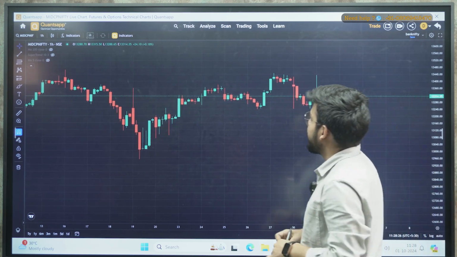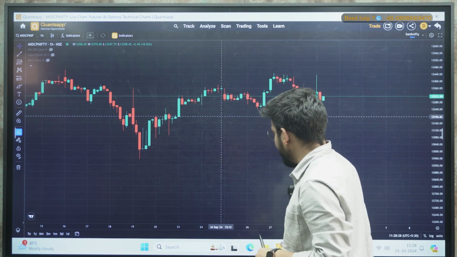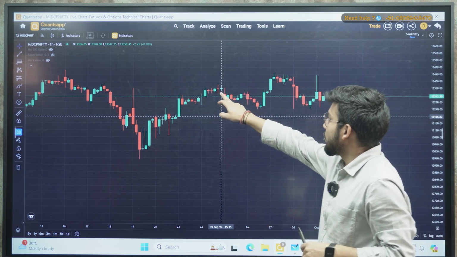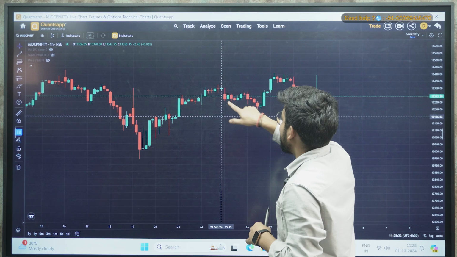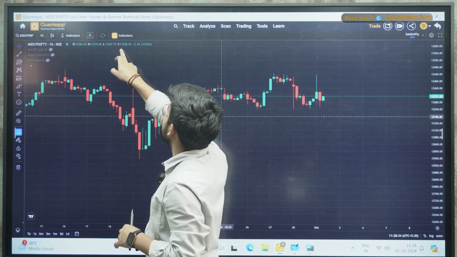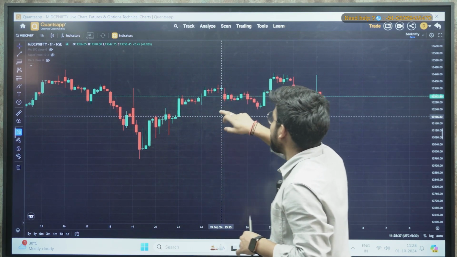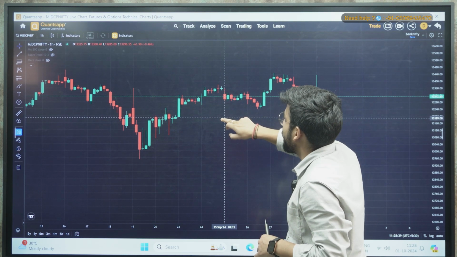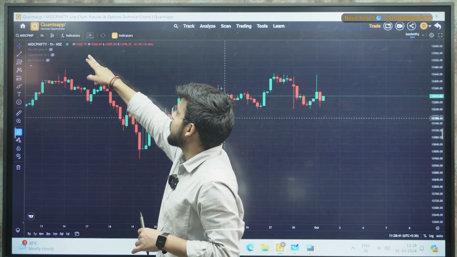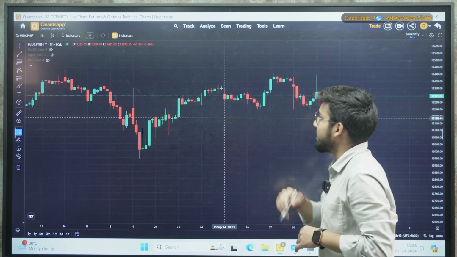I can see here this was the market, and at 3:15 your market closed at this point, and the closing was approximately 13,358. The very next day your market opened at 13,325. So there is a gap down in the market, right?